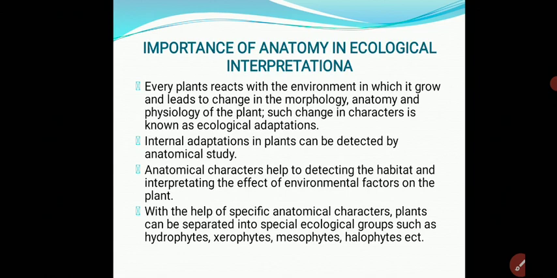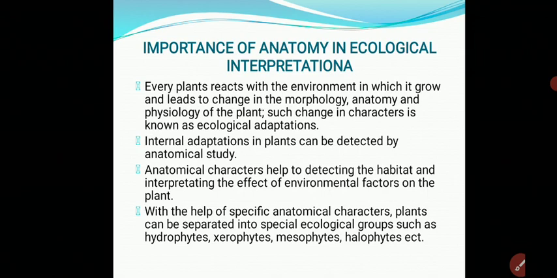Such change in characters is known as ecological adaptations. So, the internal adaptation in a plant can be detected by anatomical studies, and these characters help in detecting the habitat, that is, the place of living, and interpreting the effect of environmental factors on the plant.